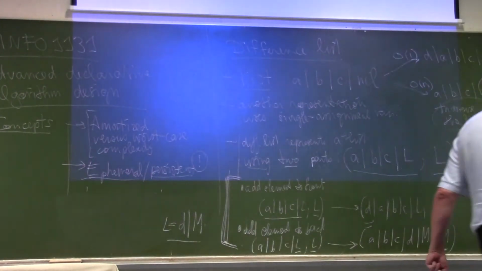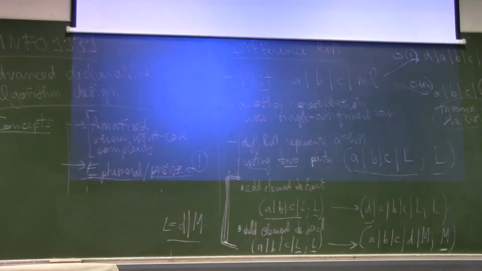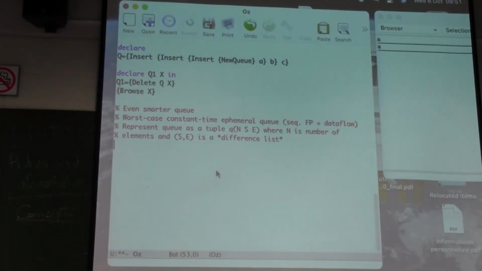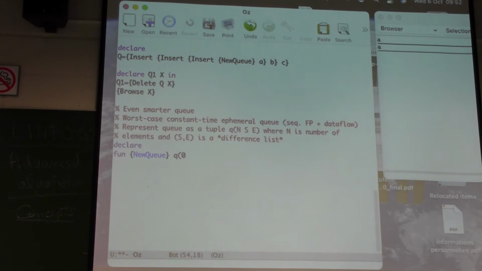Okay, so let me now again show you some code. Here we can implement another queue with exactly the same interface. I will start by implementing new queue. It will be a tuple. The first element n is the number of elements, and now we have a difference list. So we have to represent an empty list in a difference list.